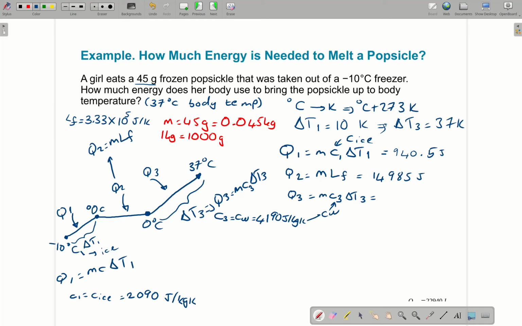Input that there. Delta T3 is 37 Kelvin. Input that. You will get 6,976.35 joules. What we see here right away is that it's a lot more heat energy given to change the phase than heating up to 0 or from 0 to 37. So that's an interesting thing to notice.